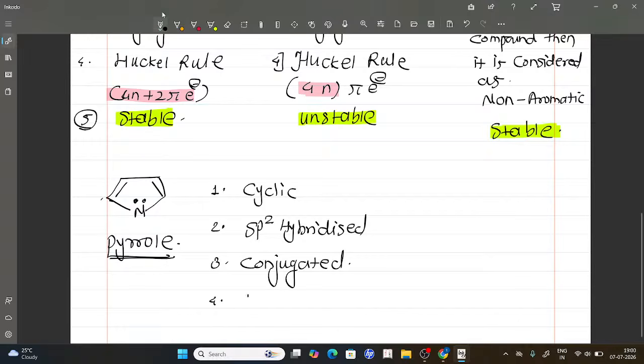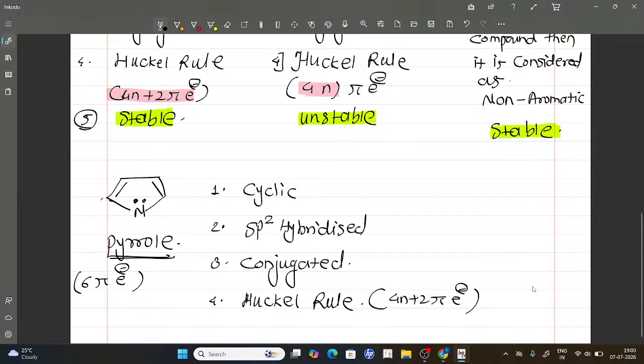Now the last point is Huckel's rule. The 4n plus 2 pi electron rule is known as Huckel's rule. Now see here, how many electrons does your system carry? First of all we count: 2 pi bonds, that is 4 electrons, and here a lone pair of electrons, 2 electrons. So your system contains a total of 6 pi electrons.